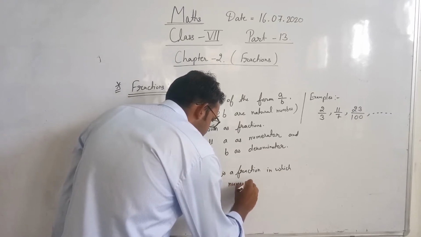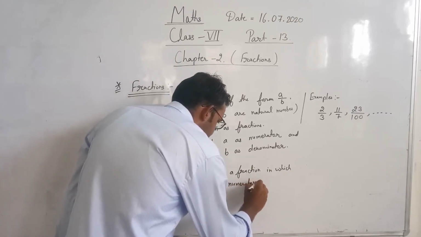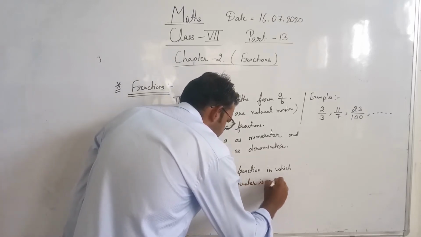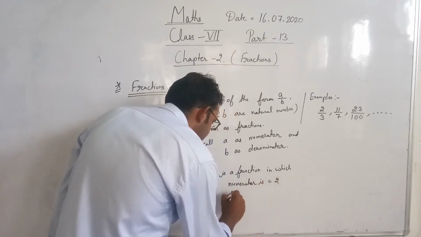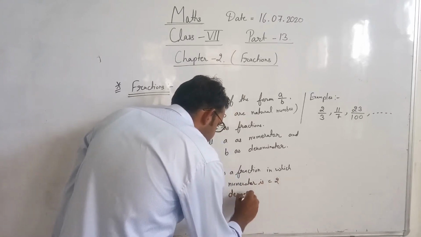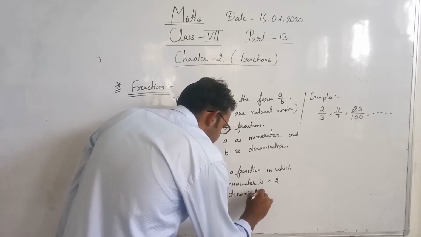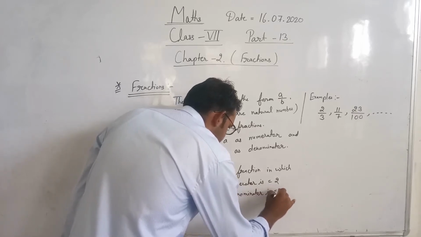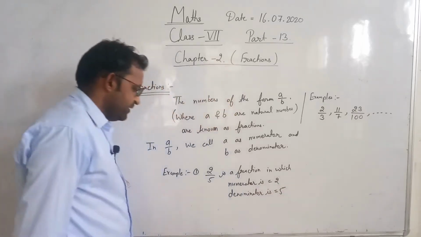So numerator is equal to 2 and denominator is equal to 5.